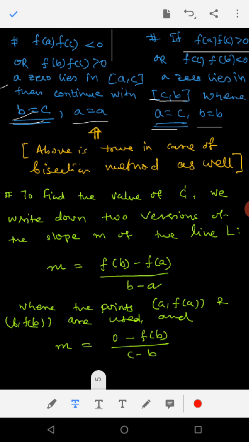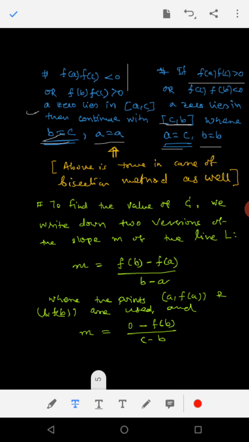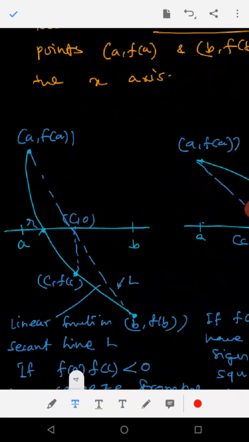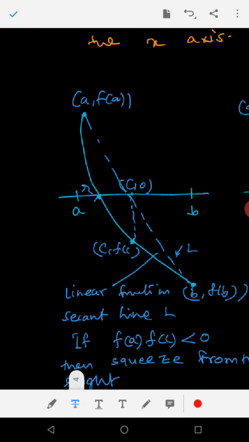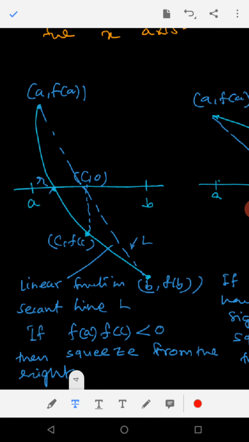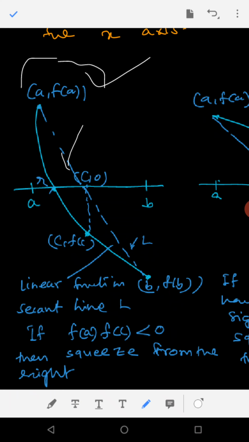We want to find the value of c, where the linear function we have assumed, this L, the dotted line, crosses the x-axis. That is, here we want to find point C, which is closer to your root.